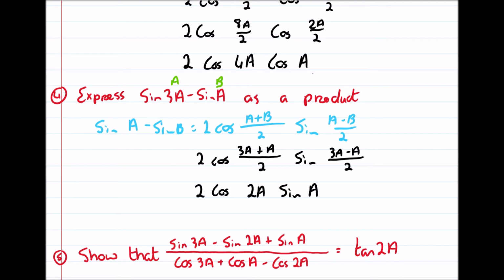So 2 cos 2a sine a. And I suppose maybe I should put this in. Okay, so it's just saying that equals that.